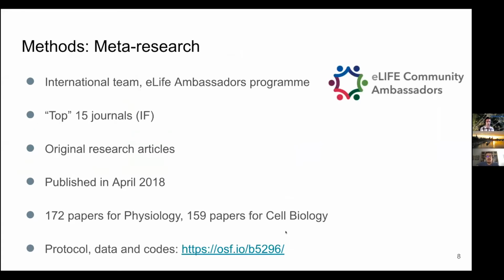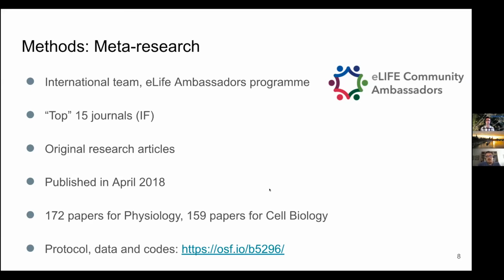But are we sure that we have a problem with these aspects? In order to gauge the quality of bioimages in recent literature, a team of researchers from all over the world started a meta-research during the eLife Ambassadors program of 2018 and 2019. And we considered, let's say, the top 15 journals in physiology and cell biology.